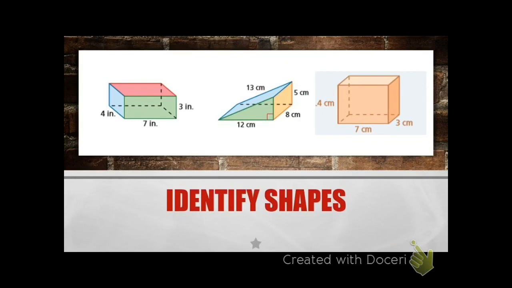All right, before we close out our lesson today, I want to see if you remember our shapes, okay? What would you call this first shape? What would you call this one? A rectangular prism is correct. And we know it's a prism because it has a flat base on the top and a flat base on the bottom. All right, what would we call this second shape?